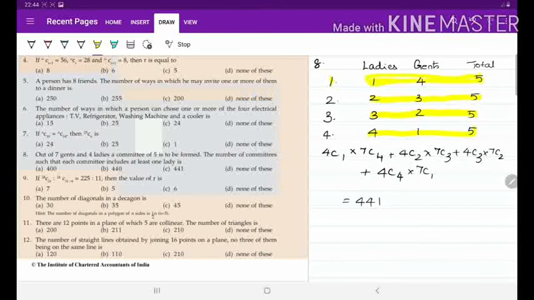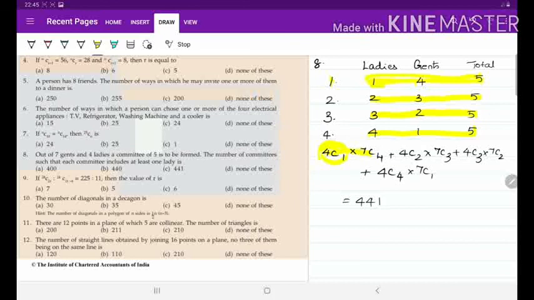So the combination can be written as 4C1 into 7C4, that is 1 lady and 4 gents. 2 ladies and 3 gents can be written as 4C2 into 7C3.